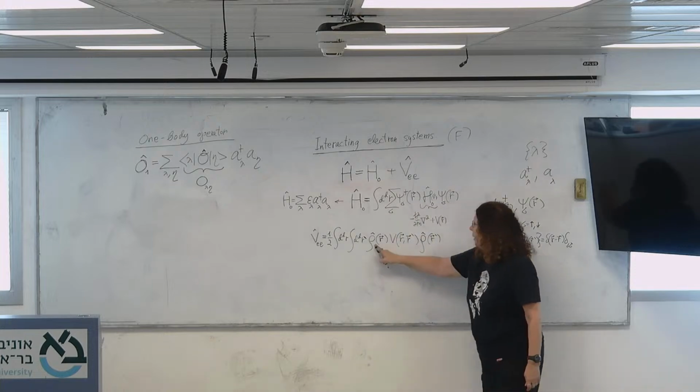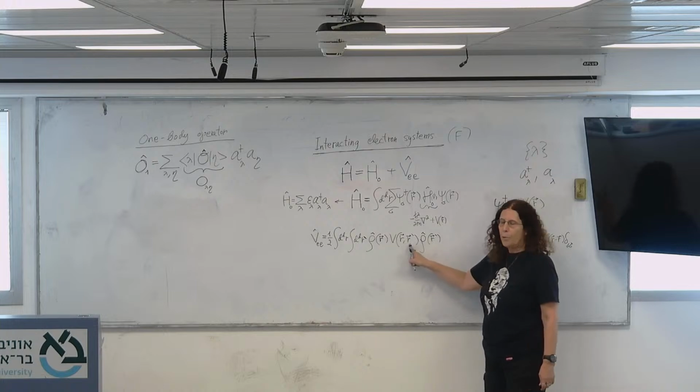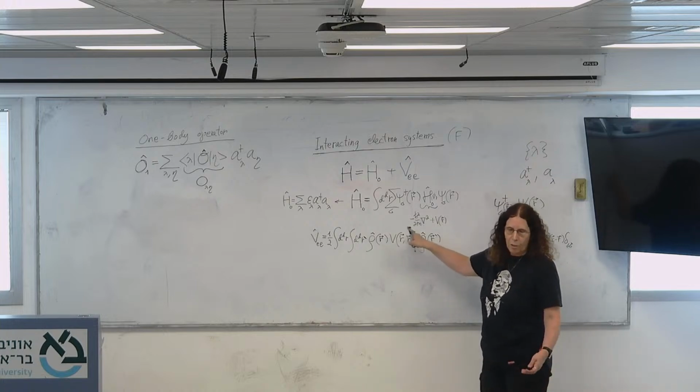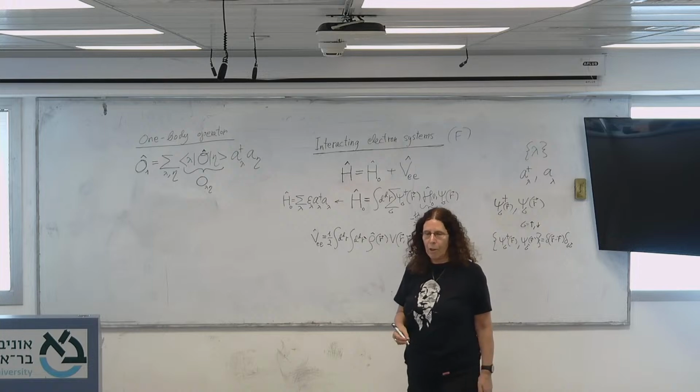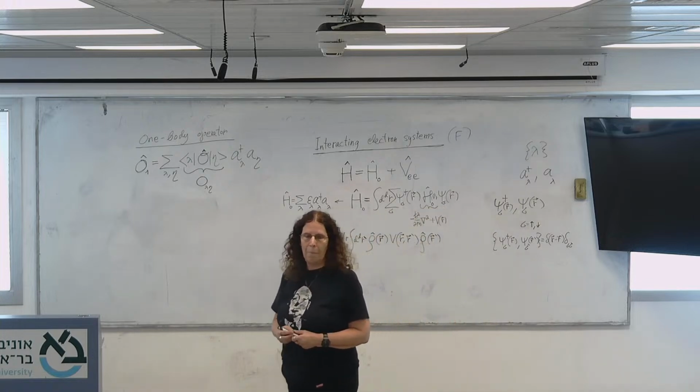V of r prime is just a potential that describes the interaction between the 2 particles.